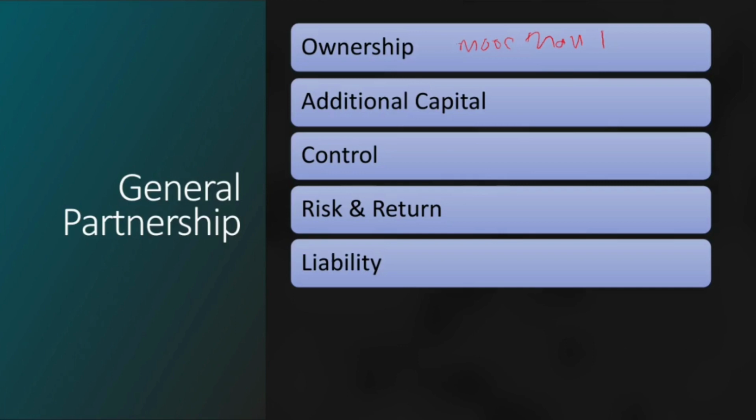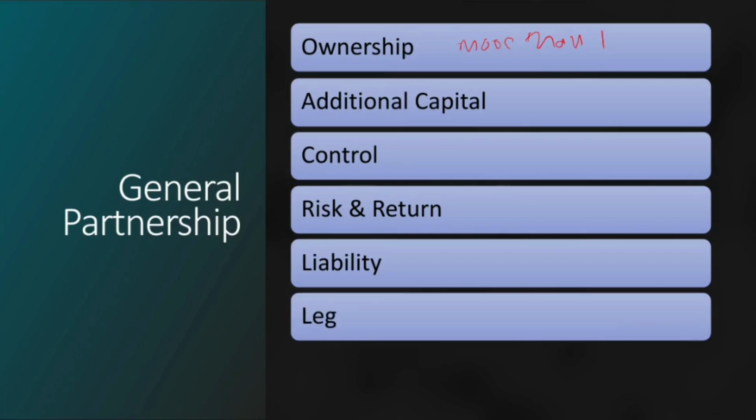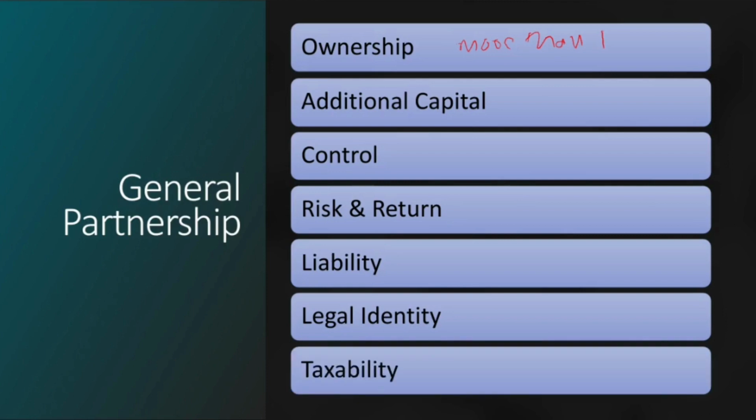The business is also not a separate legal identity apart from the identity of its owners. And since the business and its partners are not considered as separate identities, the taxes are passed through to the owners. And the profits and losses are taxed as personal incomes of the owners.